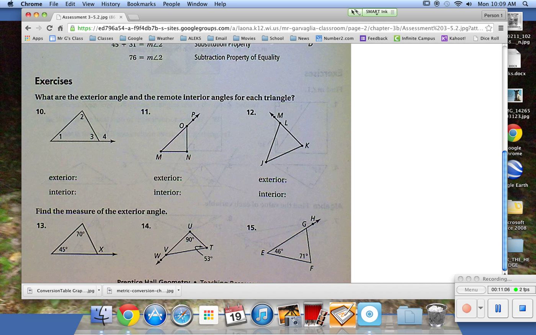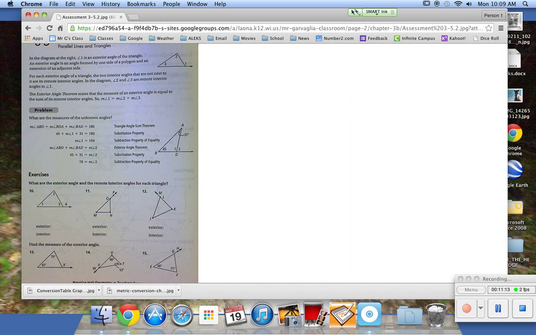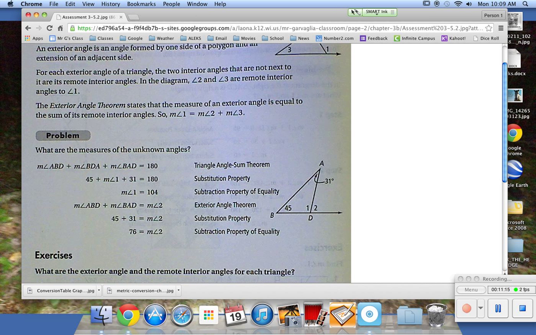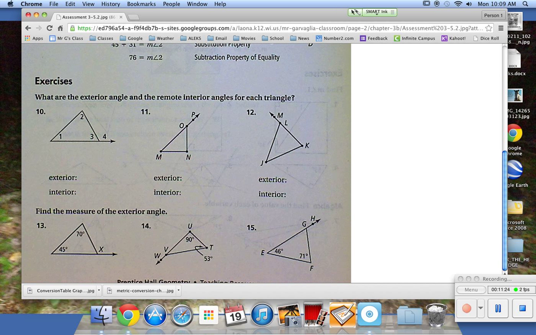Do all of them. On the back side here, guys, they're going through a proof of how you do it. I don't think we need to do that, though. No, you won't have to do it.